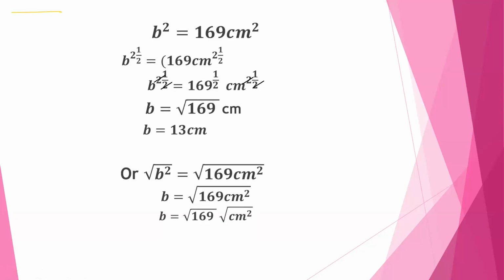And we know that this square root is the same as raised to the power half. So this 2 here will cancel out this square root here. So our centimeters squared will now be centimeters, not squared. And then our square root of 169 is 13. So you have b is equal to 13 centimeters. Okay? Thank you.